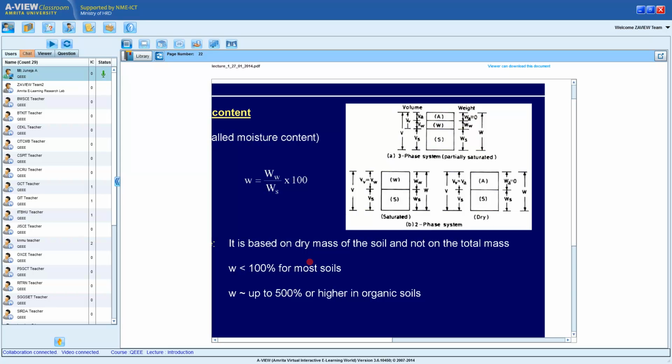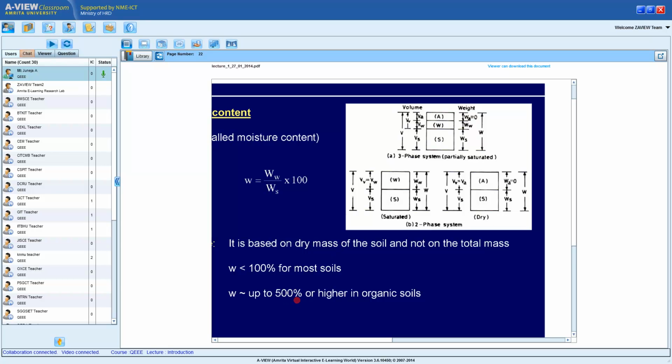Usually 8% or 7% is quite common. Clays have much higher water content. They can have water content of about 20% and higher, or even up to 30% for natural clays. But usually this is less than 100%, as read on your screen.